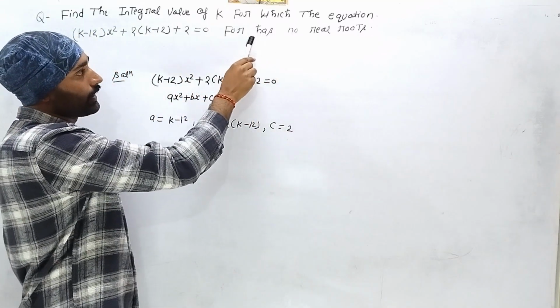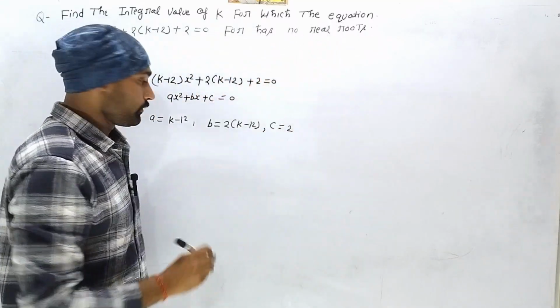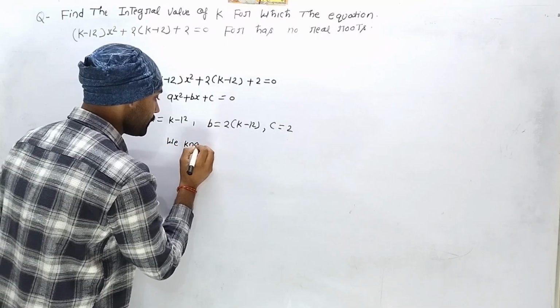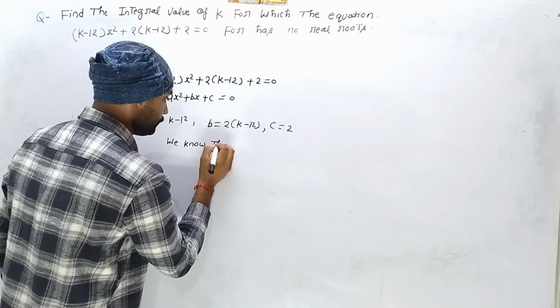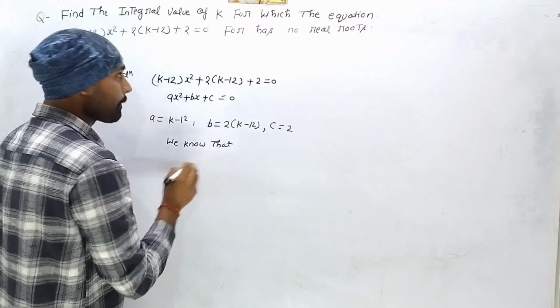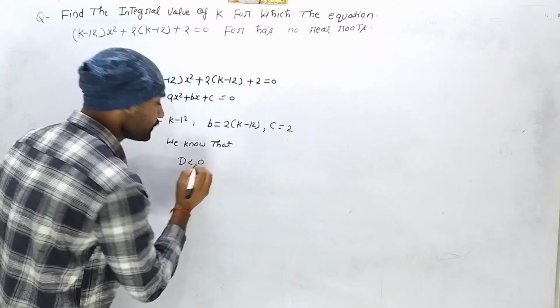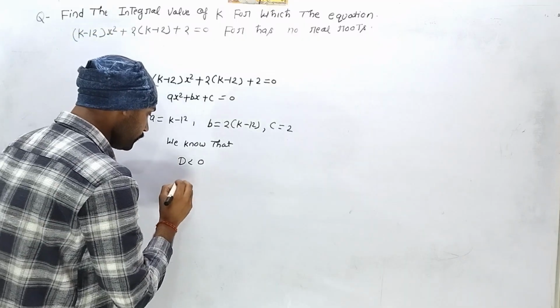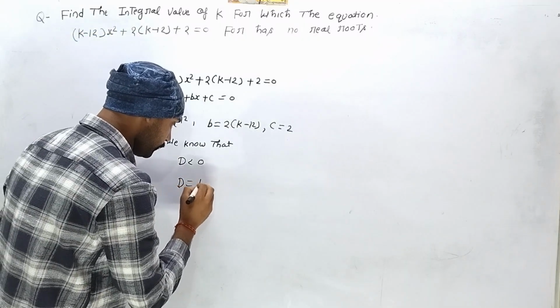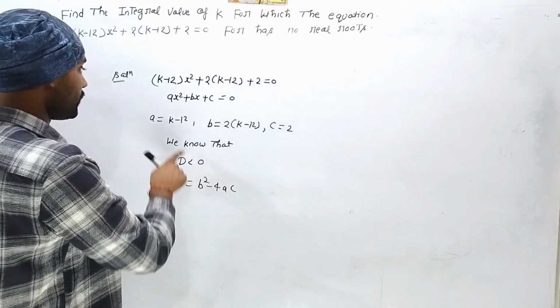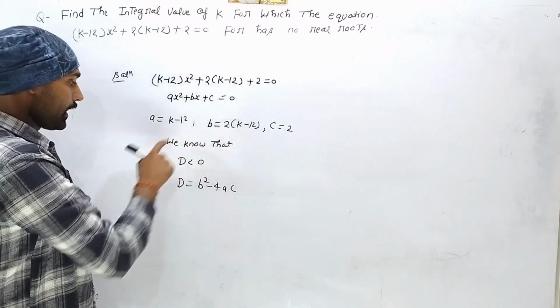But given the hint of no real roots, we know that for no real roots the discriminant should be less than 0. So we can write D equal to b square minus 4ac and put the values of b, a and c.